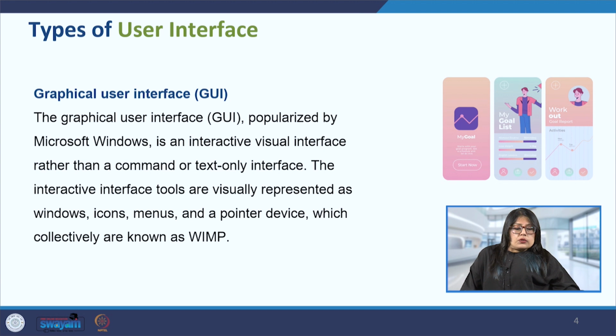And the visual cues, wherein we have icons and buttons and different elements, provide a clear visual cue. This enhances the usability and also reduces the learning curve the user may have. Based on the visual cue they are seeing, it becomes more intuitive and easy to operate.